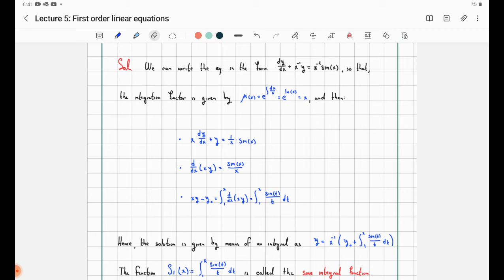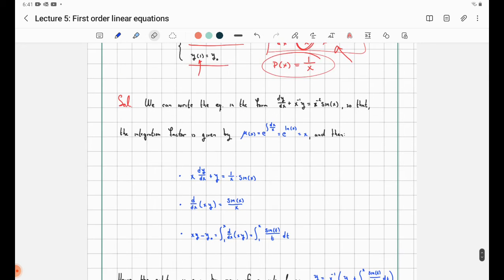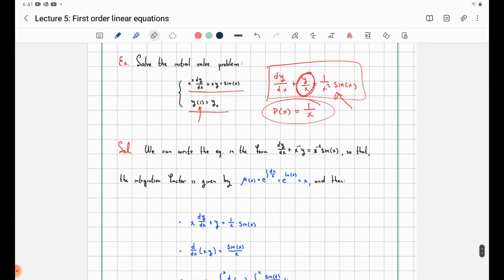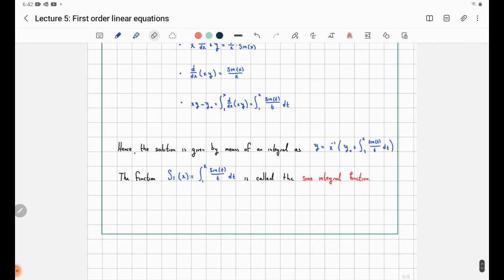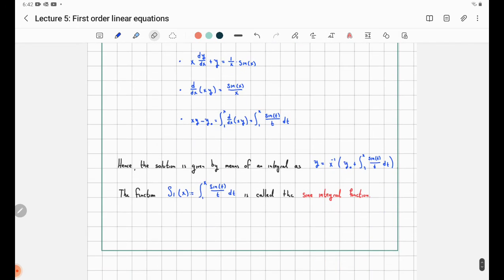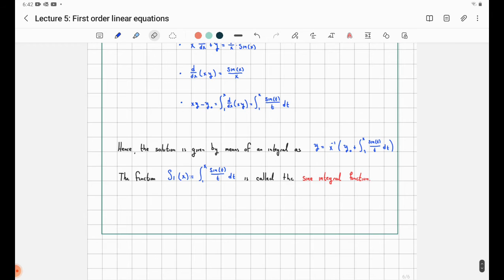In some good cases you can solve these kinds of integrals in terms of elementary functions, like in all the previous examples that we touched, but sometimes not. So this is not always possible, but there's no problem with that. Sometimes we cannot solve explicitly in terms of elementary functions.